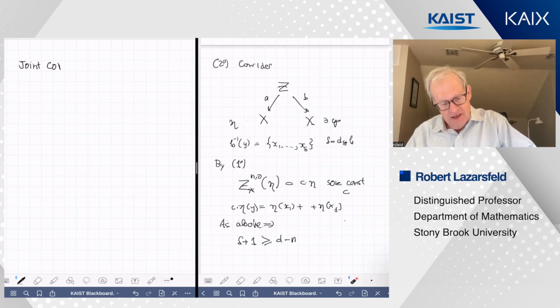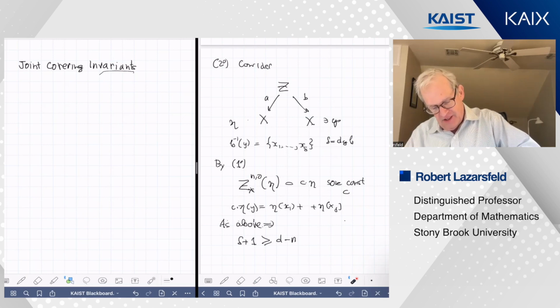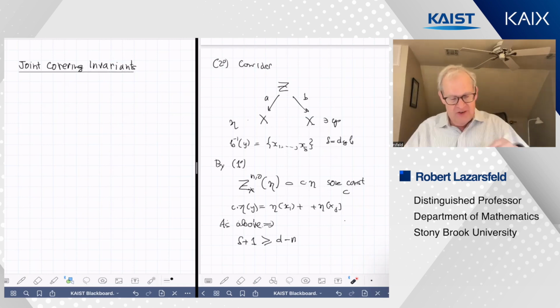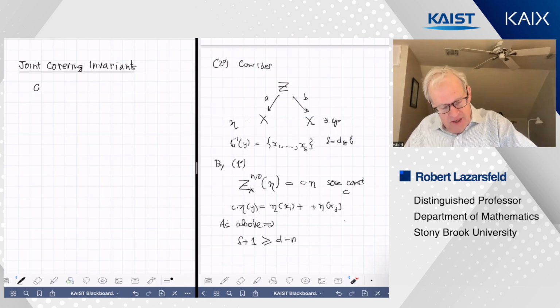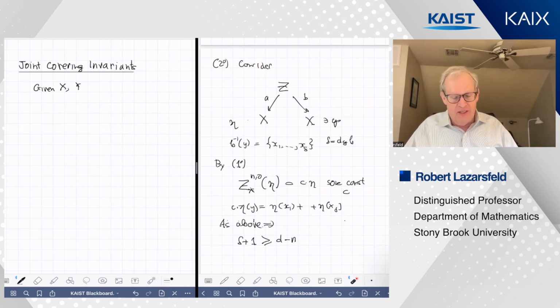So, joint covering invariants. And here it's interesting. These seem to be much more subtle, and there's a definition here, but it's almost fair to say that there are very few results. So the question is, we're given X and Y, and we want to look at measures of association between X and Y defined by covering families of curves.